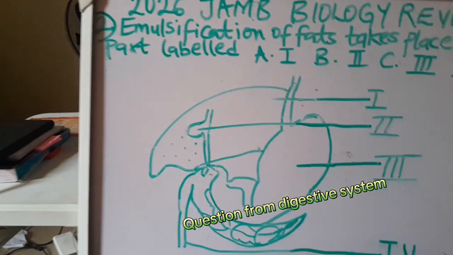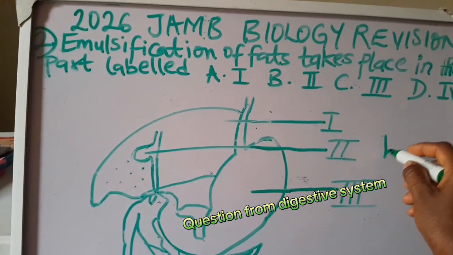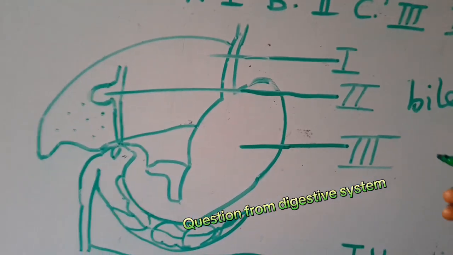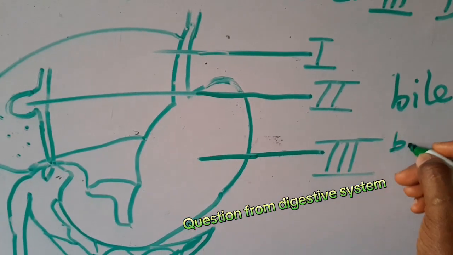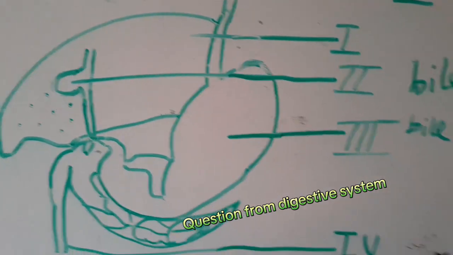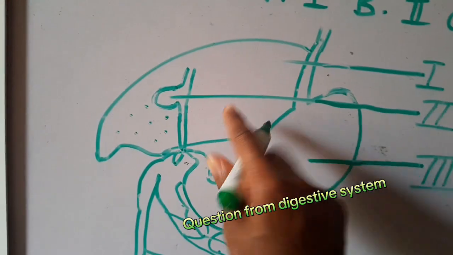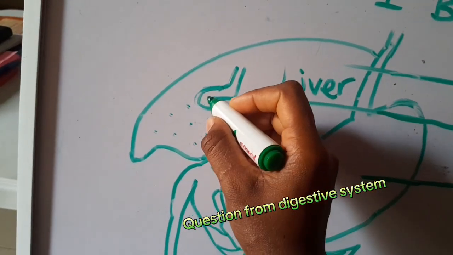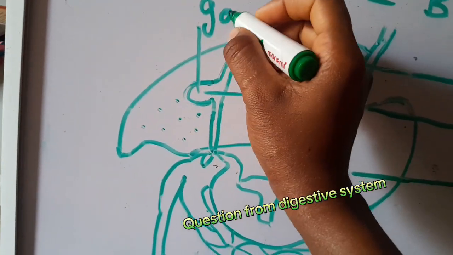So the bile, this is what I mean, the bile. This structure here, bile, is actually produced by this liver here, and stored here, called the gallbladder.